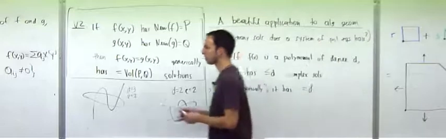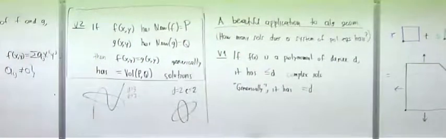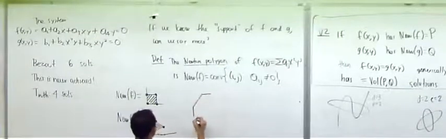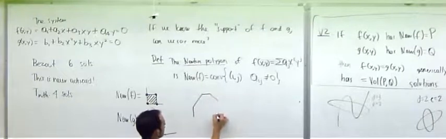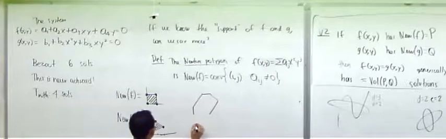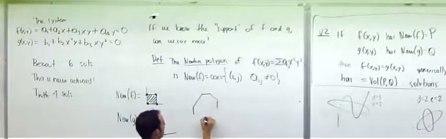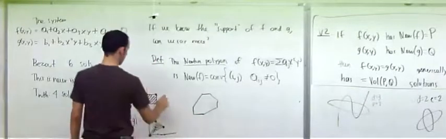So let's just do it for this example, since we're good at this by now. So this is P, this is Q. So let's do the Minkowski sum. The Minkowski sum looks like this.